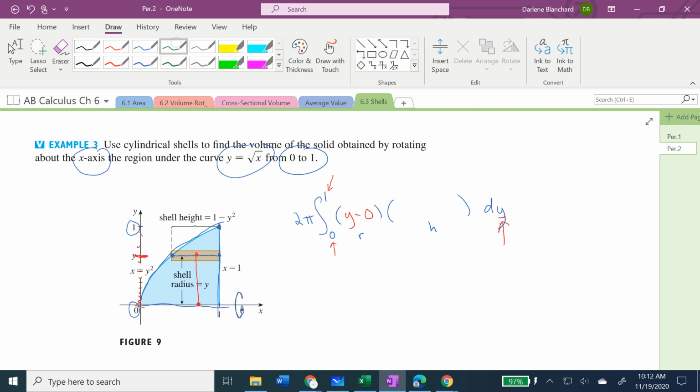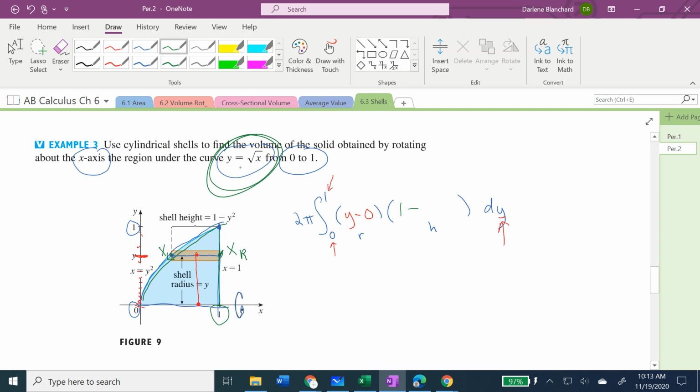For the height of the cylinder, I am looking at the length of the rectangle. With it being a horizontal length, I need the right X minus the left X. The right X coordinate is 1, but for the left X, it is following this curve, but I need to know what X is equal to for that curve.